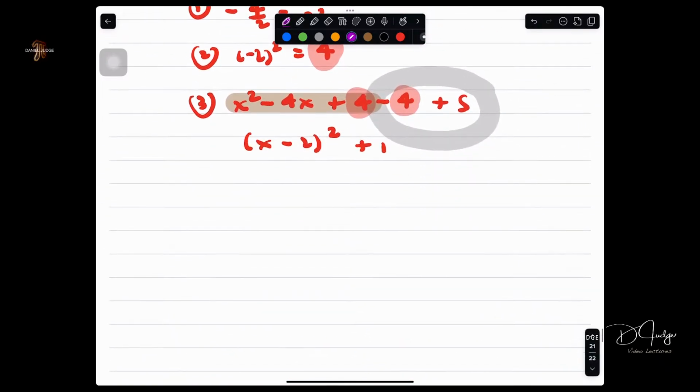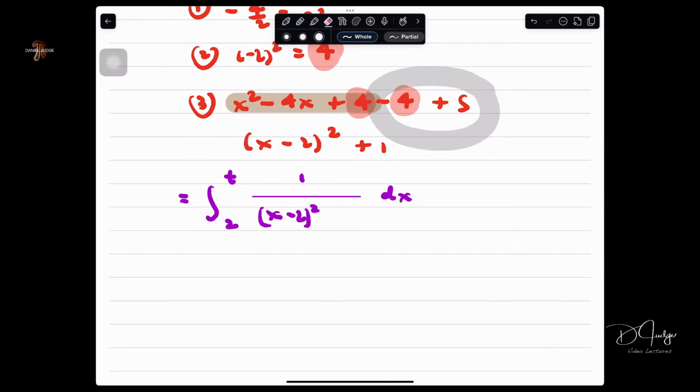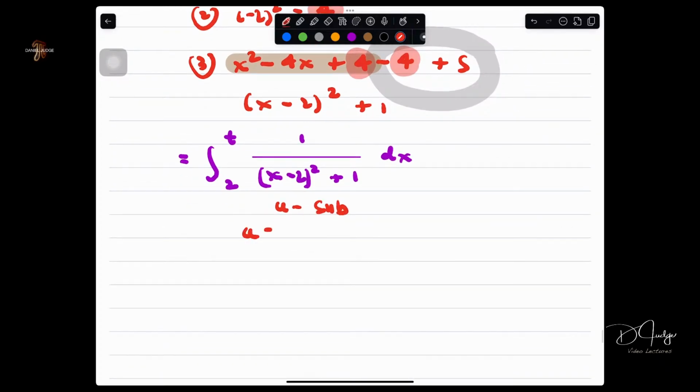So here's what the integral will really be: from 2 to t, 1 over (x minus 2) squared plus 1 dx. Now we're going to use a u substitution, where our u is x minus 2, which means du becomes dx.